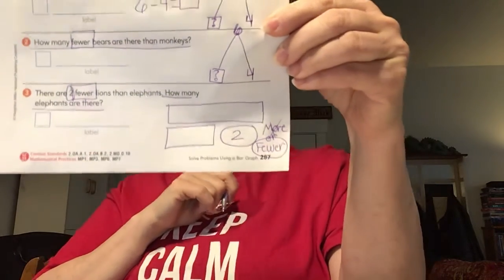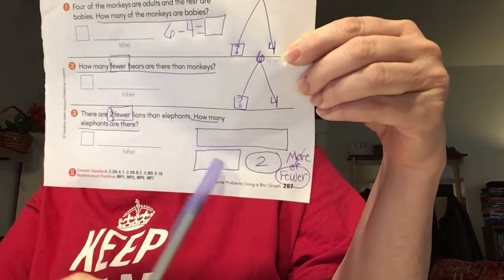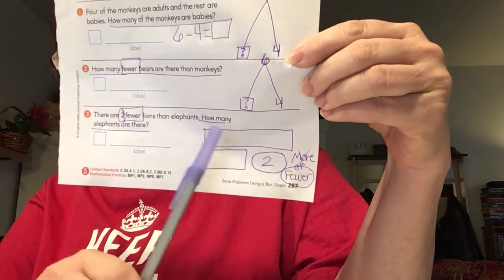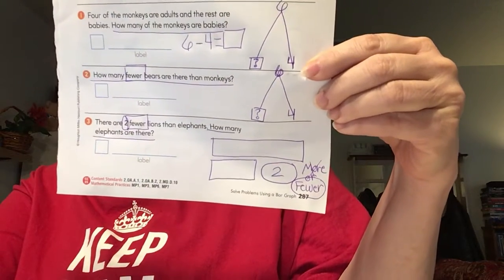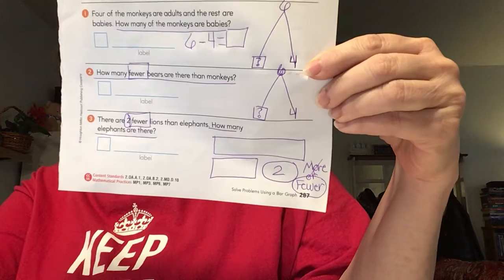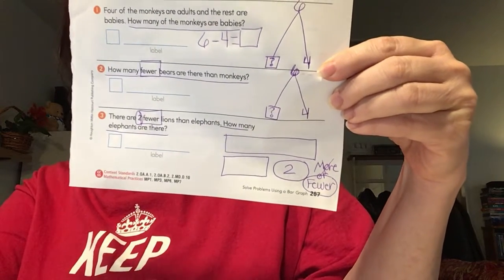So where are we going to put the lions? Are we putting the lions in this box or this box? Well, it said there were 2 fewer lions than elephants.